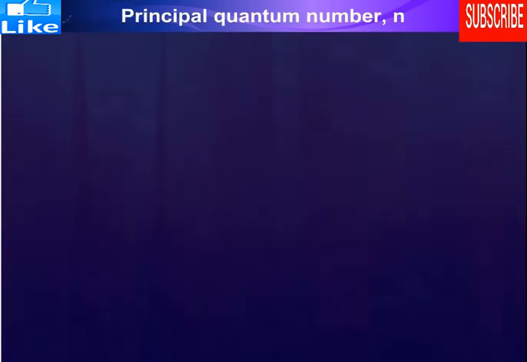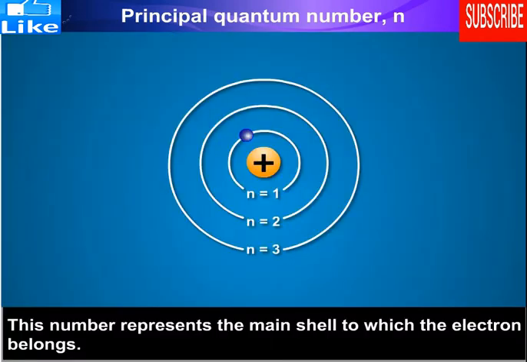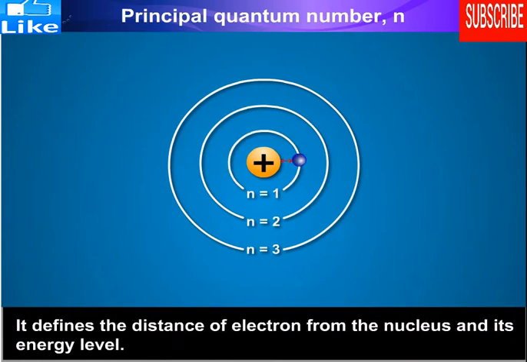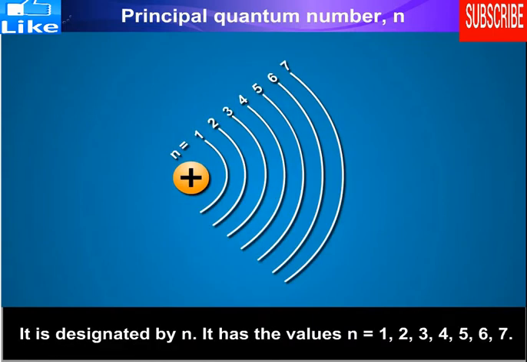Principal quantum number, n. This number represents the main shell to which the electron belongs. It defines the distance of the electron from the nucleus and its energy level. It is designated by n. It has the values n equal to 1, 2, 3, 4, 5, 6, 7.